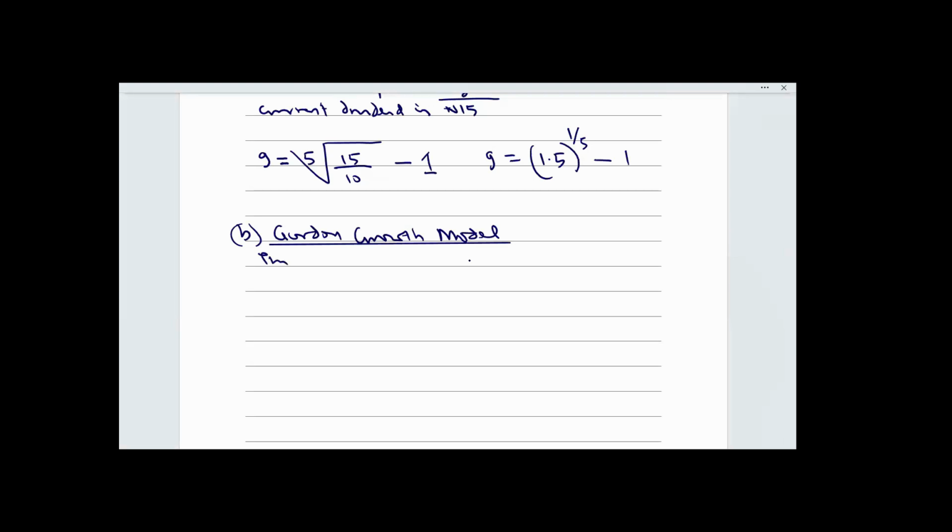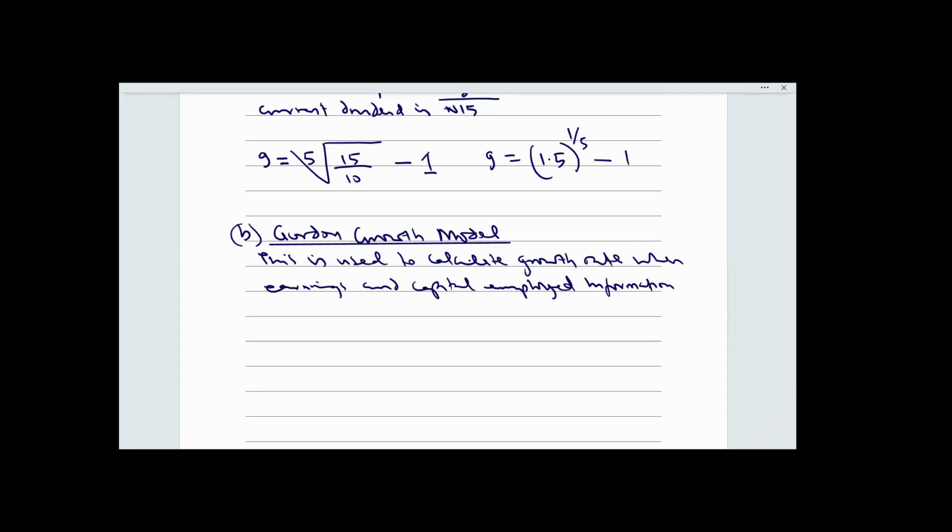This is used to calculate growth rates when information on earnings and capital structure, and capital employed, are given. So you use Gordon growth.